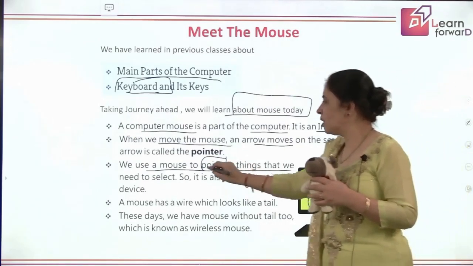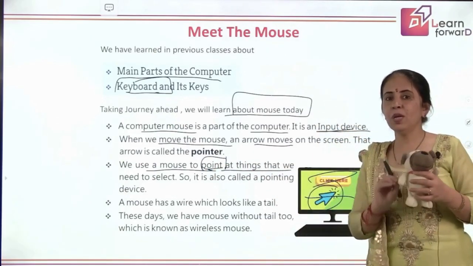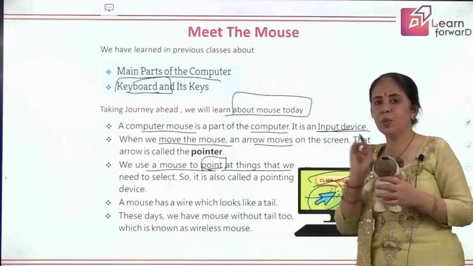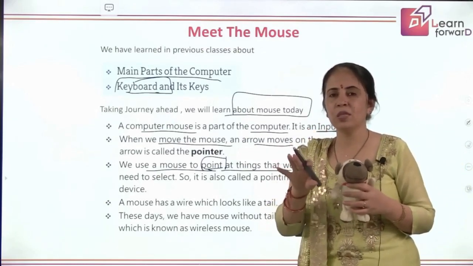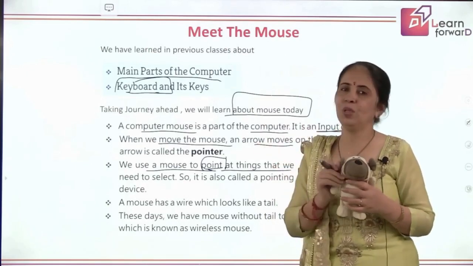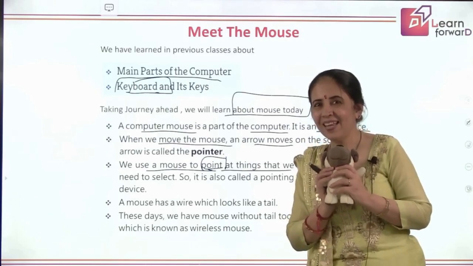So first thing is, when you work on the computer and you need to reach to any particular icon on the screen, you have to move the mouse and the pointer reaches to that location. Nod your head. Understanding it?